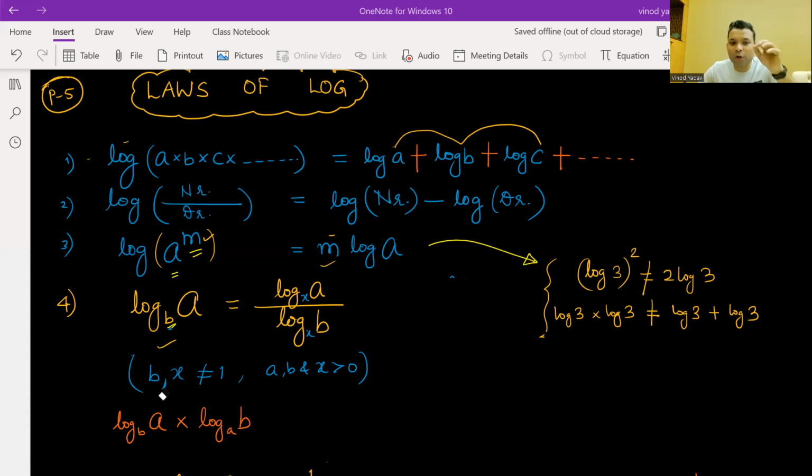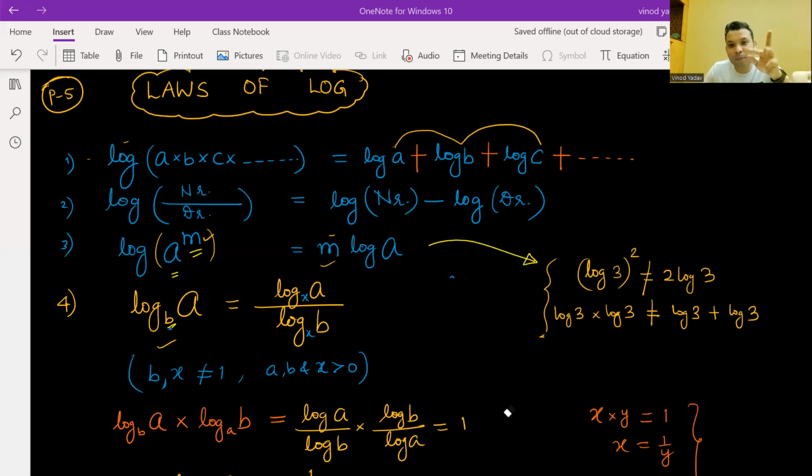Based on this, one more simple logic. What about log of a to the base b multiplied by log of b to the base a? Think. Log of a divided by log of b into log of b divided by log of a. So both are reciprocals of each other. Ultimately, the answer is 1.